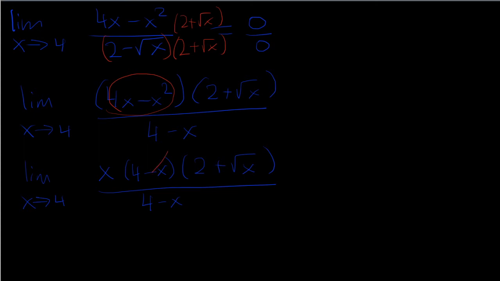The top and the bottom have a factor of 4 minus x, so I can eliminate that. And now I can just plug in x equals 4 to get 4 times 2 plus root 4. 2 plus root 4 is 2 plus 2. That's 4. Multiplied by 4, that gives us 16. So my limit is 16.